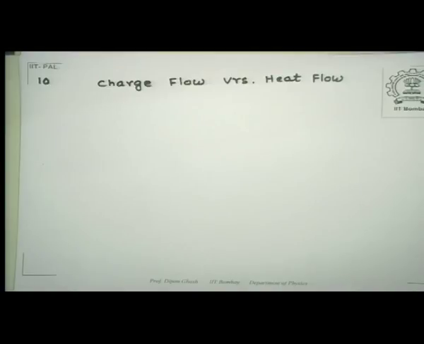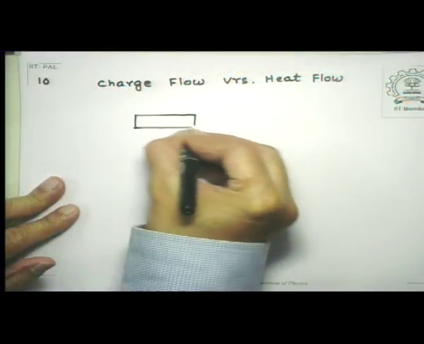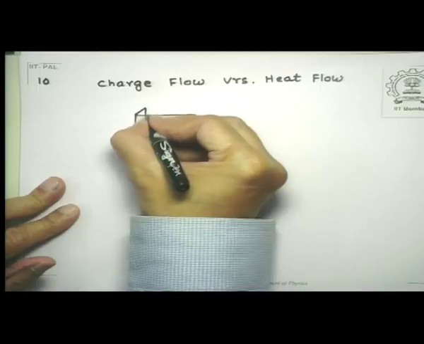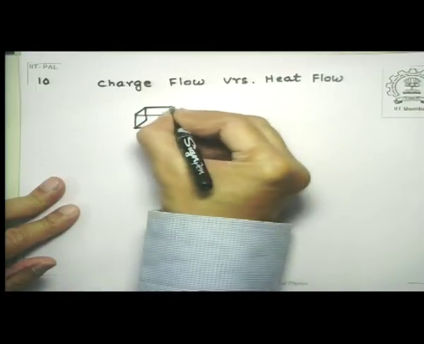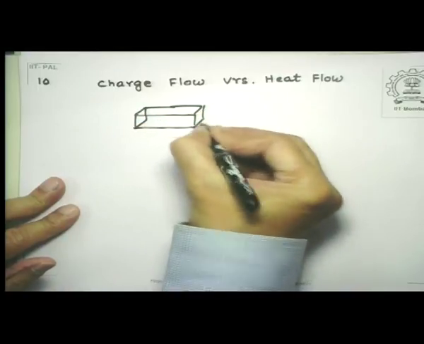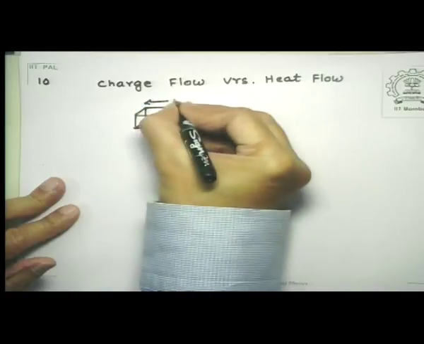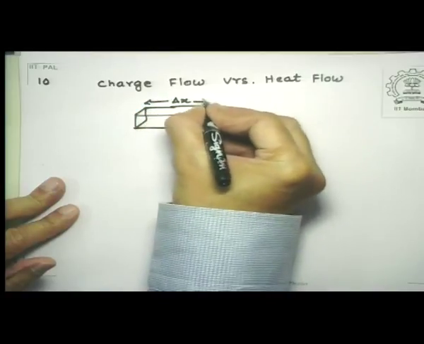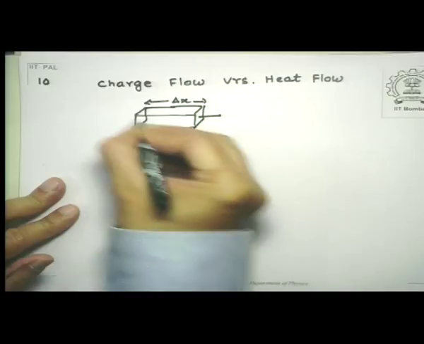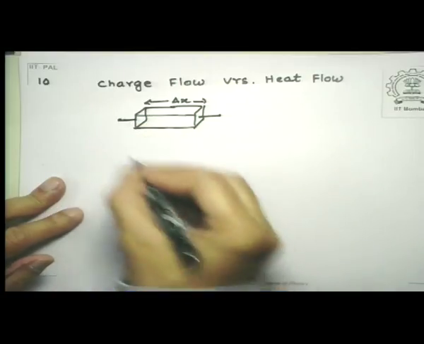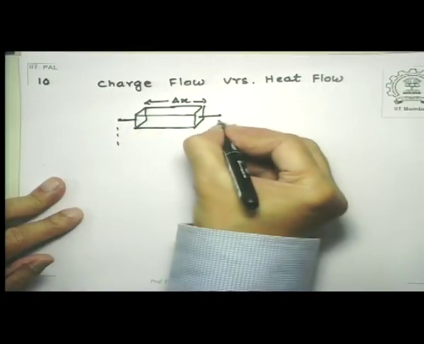Now, you will realize that the similarity is a lot more striking here. And let us again talk about a sample, and let us suppose that I have a sample of length delta x, and suppose across this I apply a potential difference of delta V.